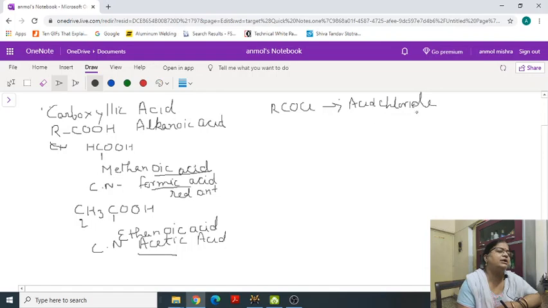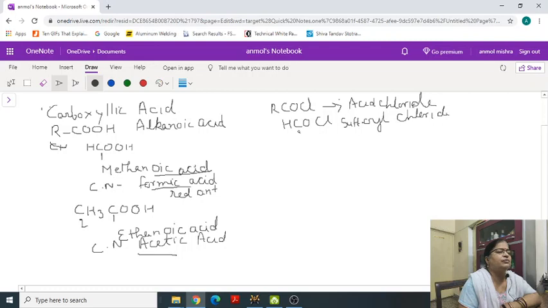Now, acid chloride. Again here also the carbon of the functional group will be included in the long chain. The first member is HCOCl, and here the suffix oyl chloride is used.